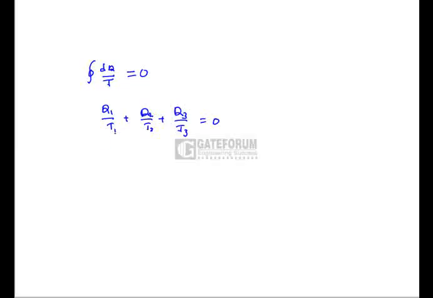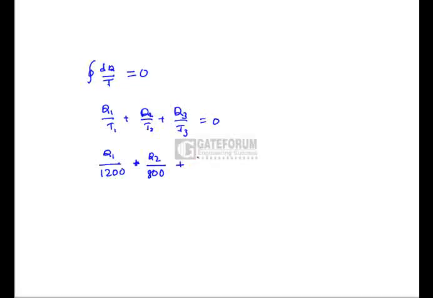Here Q1 by T1, where T1 is 1200 Kelvin, and Q2 we also have to find out, with T2 equal to 800 Kelvin, and Q3 is the heat rejection, equal to 3200 kilojoules per minute.